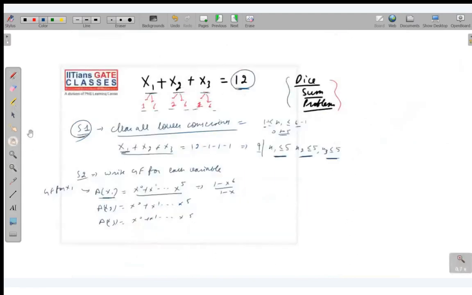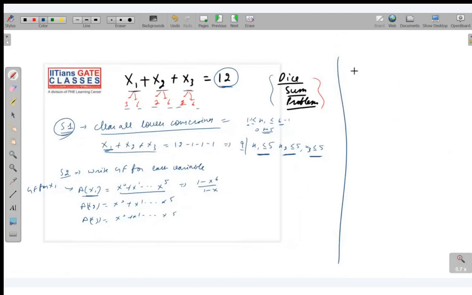Do you know the formula of GP? Okay, let me repeat it. No problem. If I write x^0 plus x^1, x^2, up to x^n, this is a GP because the common ratio is x. Every time I am multiplying the term by x. So what is the sum of n terms of a GP?